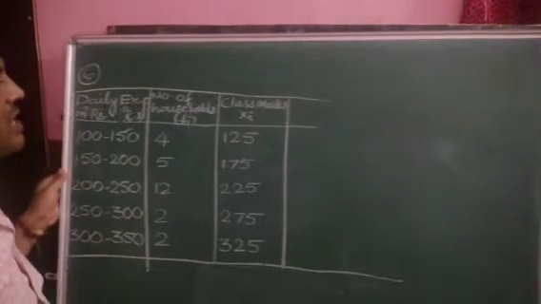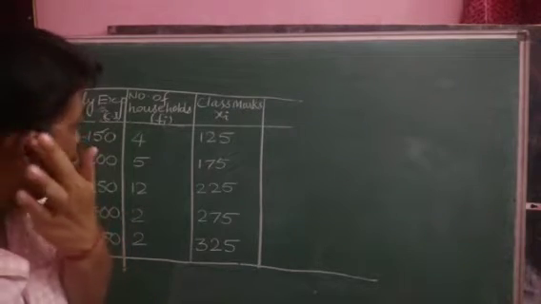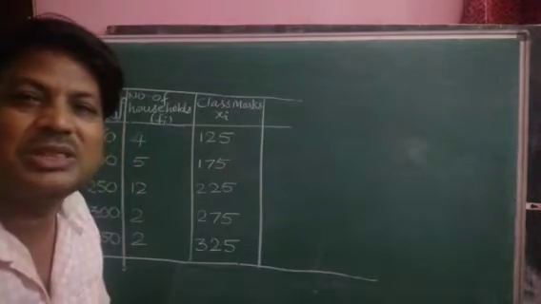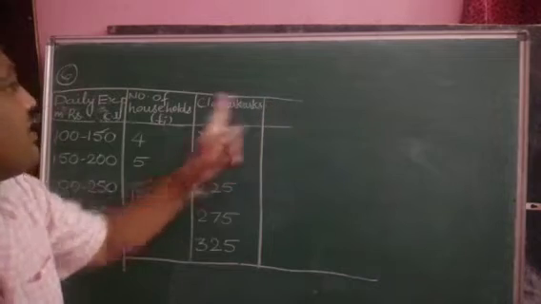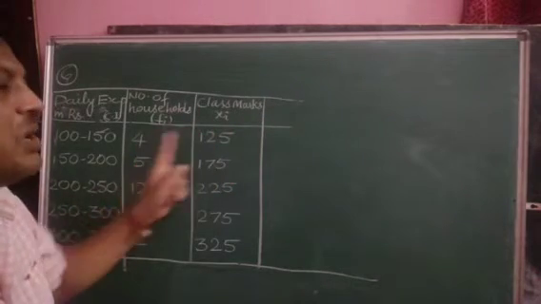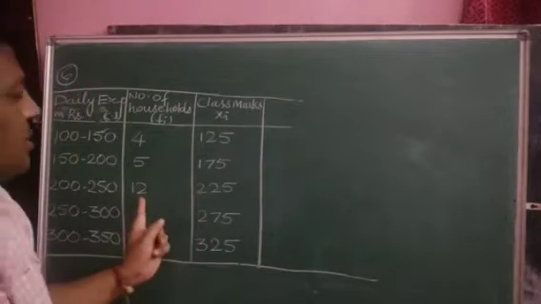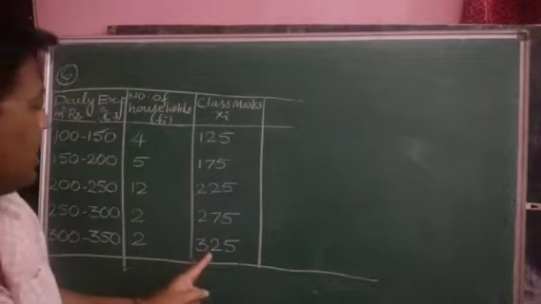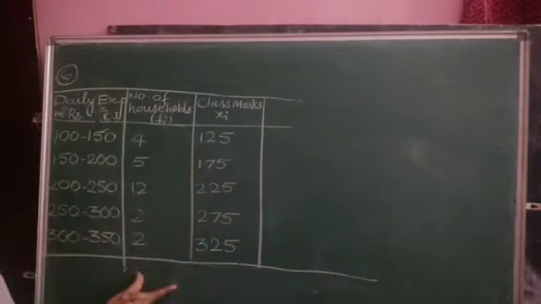Once we find the class marks, there is no use of the class interval, children. Now these two columns are used. If we go with the direct method, what do we have to find? Fi Xi, that is 125 into 4, 175 into 5, 225 into 12, 275 into 2, 325 into 2, then totalize it, and take the total of the frequency.